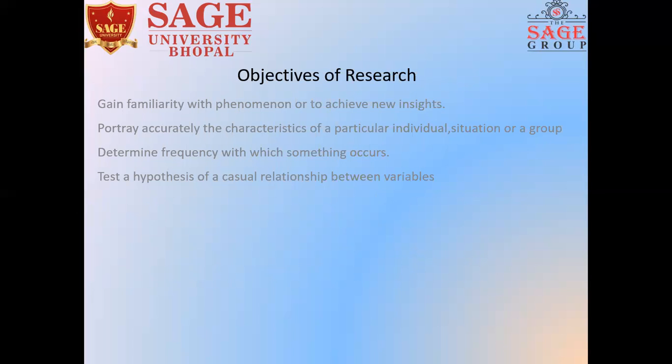And through that research, the researcher determines how frequently that event occurs. Now, I can give you an example relating to it. If a person wants to search about COVID, the virus that came through a lab in China, how that thing spread, and how likely it is that in future this virus is not going to be there. That is an example of determining the frequency.